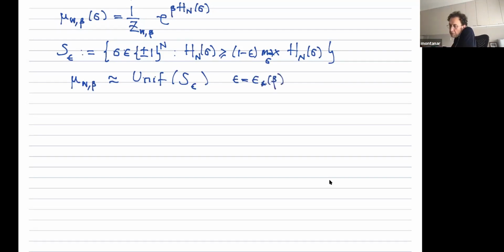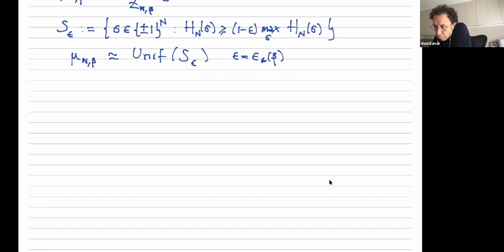So you can think of the Gibbs measure as basically the uniform measure over a super level set where I tune carefully the epsilon corresponding to beta. So beta large corresponds to small epsilon. Okay, so these are two ways to probe near optima.